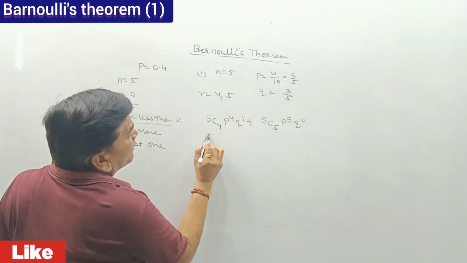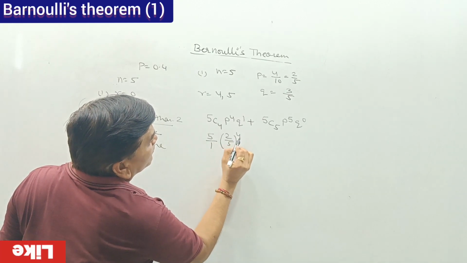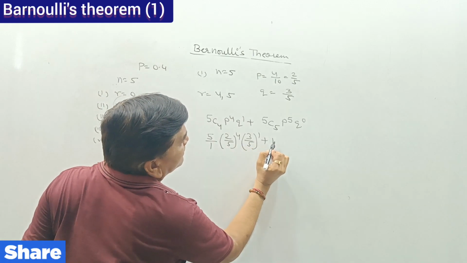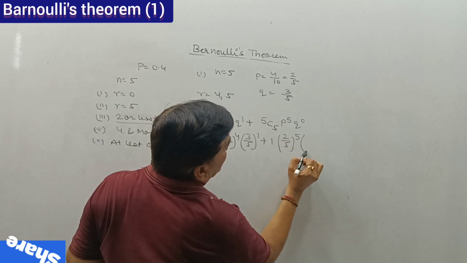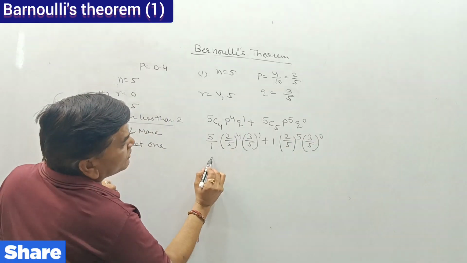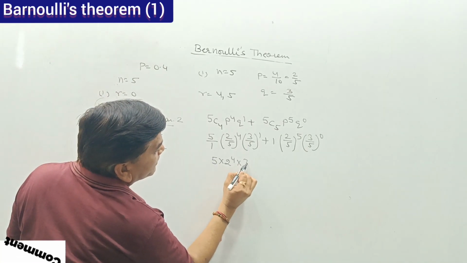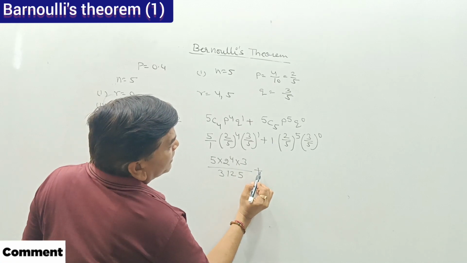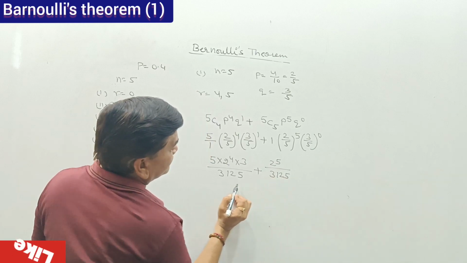So that will be 5 upon 1, (2 upon 5) raised to power 4 and (3 upon 5) raised to power 1, and this is the value of 1, (2 upon 5) raised to power 5 and (3 upon 5) raised to power 0. So this will be 5 multiply 2 raised to power 4 multiply 3 upon 3125 plus 2 raised to power 5 upon 3125.